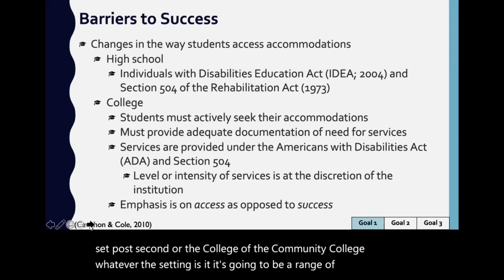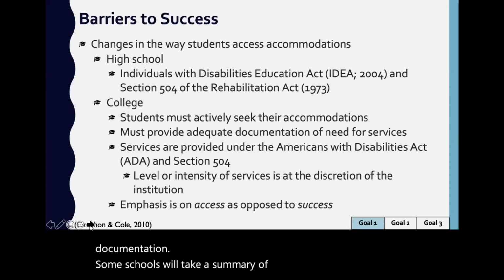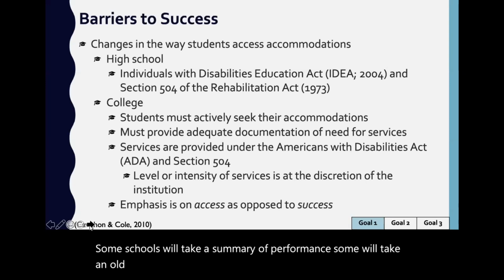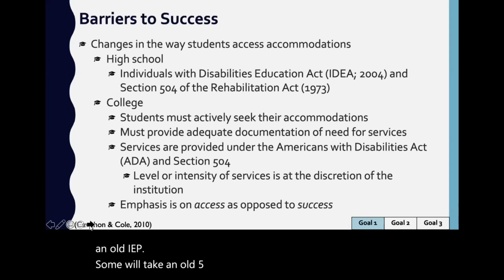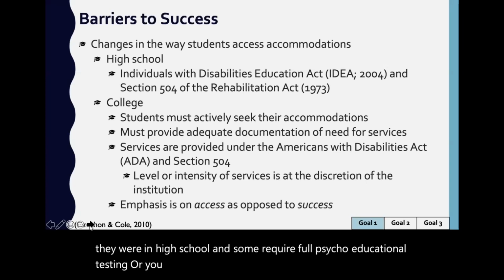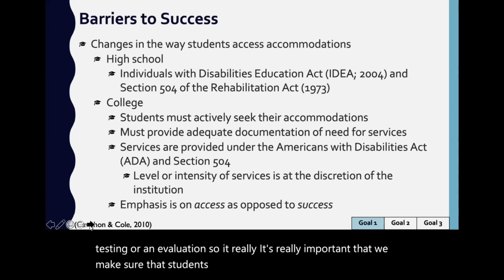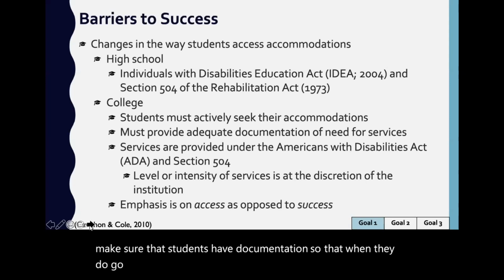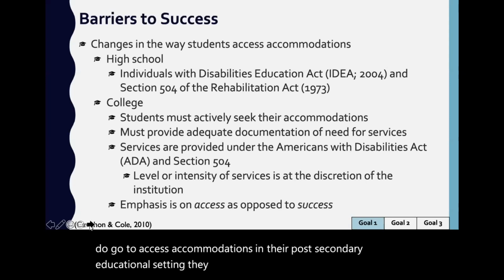Some schools will take a summary of performance, some will take an old IEP or 504 plan, the most recent ones from high school, and some require full psychoeducational testing or a full evaluation. So it's really important that students have documentation so that when they go to access accommodations in their post-secondary setting, they can have access to those.